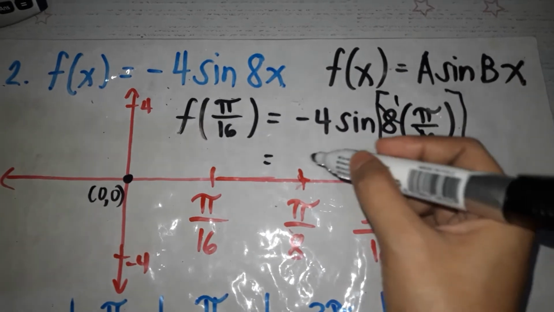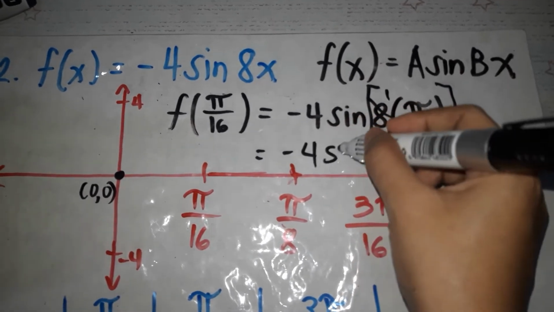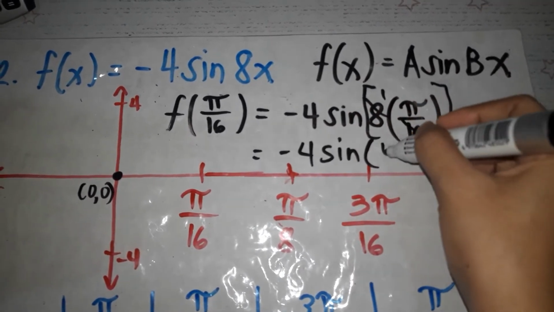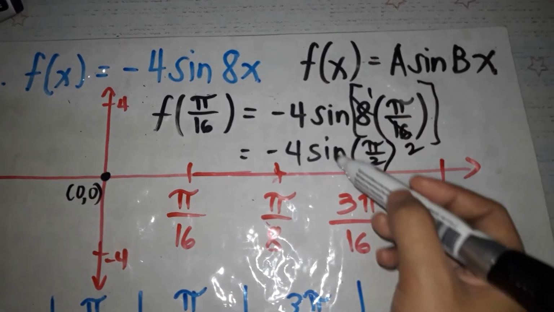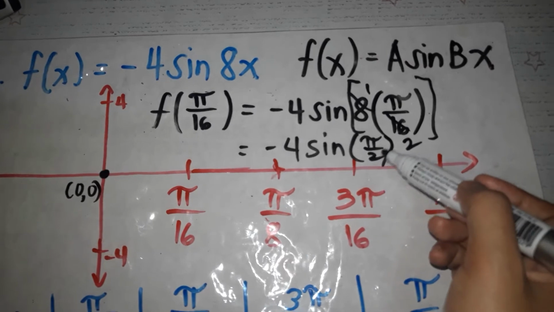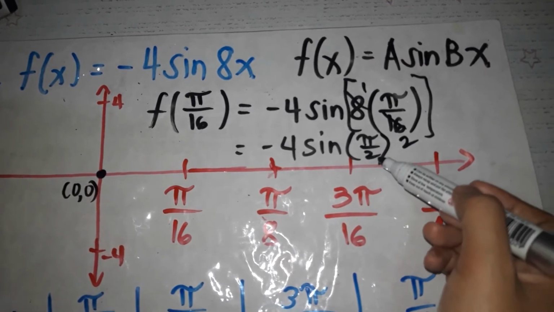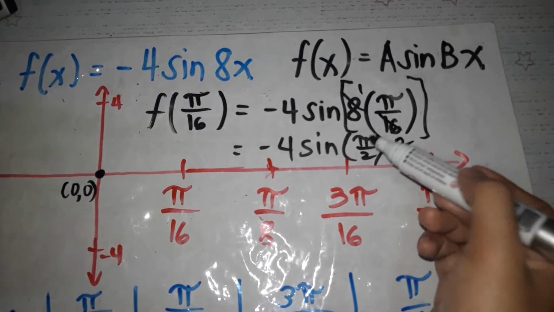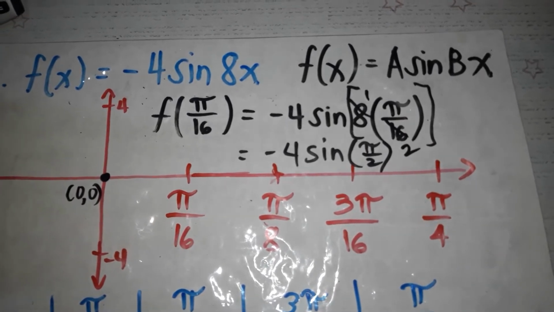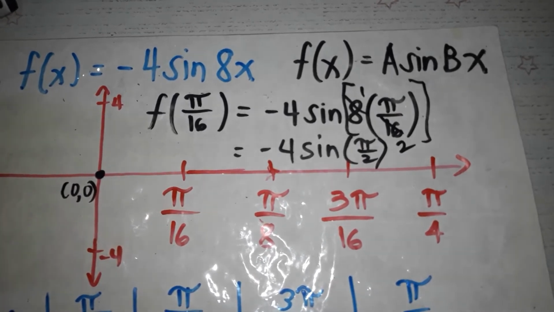Let's write that: negative 4 sine pi over 2. Now recall that sine of pi over 2, or sine of 90 degrees, is 1. Again, the y-coordinate of the point of intersection of 90 degrees in a unit circle is 1.